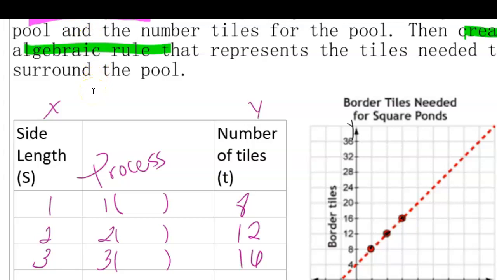As many of you probably have already tried, we know that 1 times 8 does give us 8, but does 2 times 8 give us 12? No, right? So we know that 8 cannot be our COP. What we have to identify is what numbers go into 8, 12, and 16.